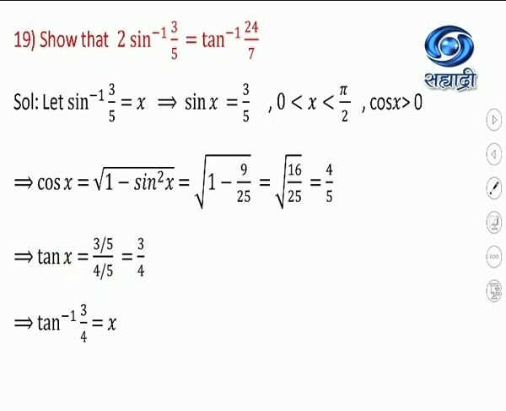Here we apply the definition. Now, look at this equation. Sin inverse of 3 by 5 is x, as well as tan inverse of 3 by 4 is x. So, RHS are equal. Therefore, we equate LHS. So, we can write sin inverse of 3 by 5 is equal to tan inverse of 3 by 4.